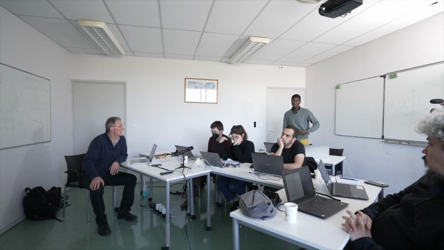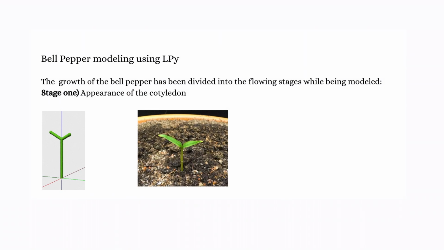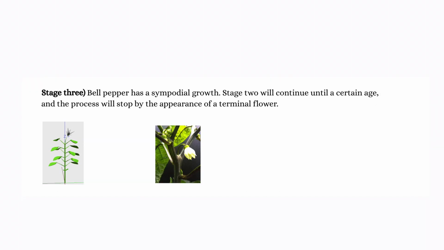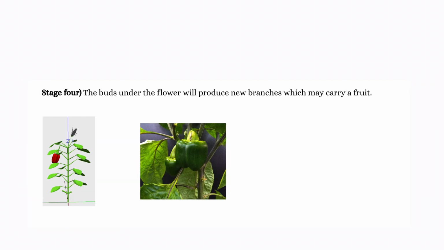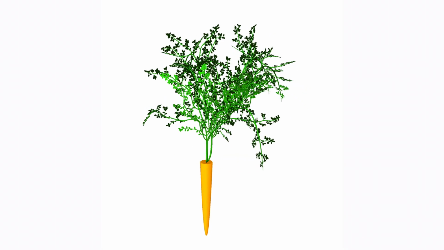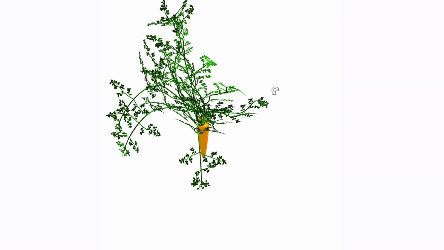Finally, based on the training course, participants could start to produce their own virtual plants. Here is the first version of a model of a pepper plant, showing the step-by-step approach of the student based on real plant observations. Here is a 3D model of a carrot plant with fractal leaves and stochasticity.